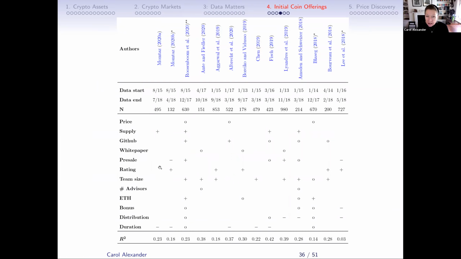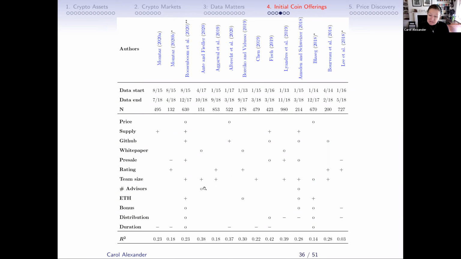The rating, most of the coins had ratings, so that was a discrete variable that people could use, the actual rating between 0 and 5. And it obviously seems that the expert ratings were pretty good. The size of the team was also more or less important.